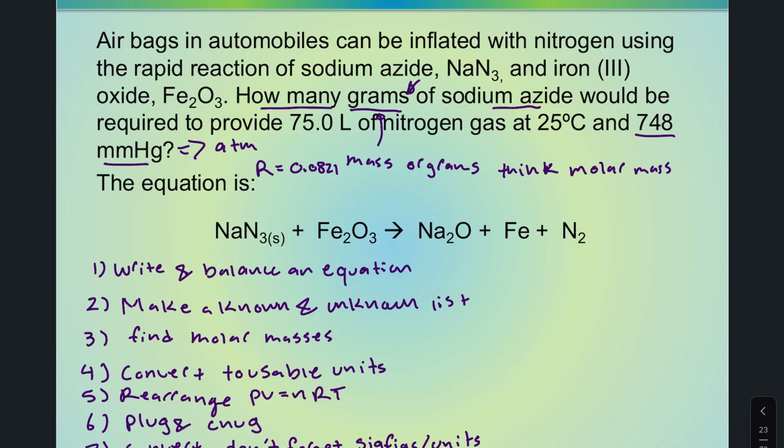And if we're using PV equals nRT, then that means that we're going to end up with moles right there, right? We'll have all the other information except for moles, which means we're going to have to use molar mass at the very end. And that is going to be one of the things that we already did.